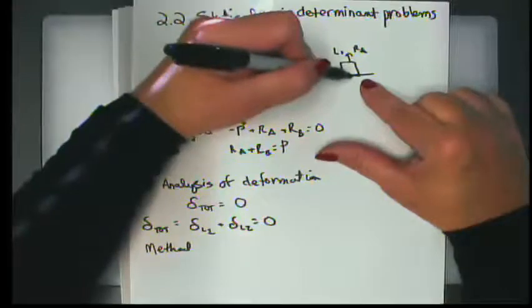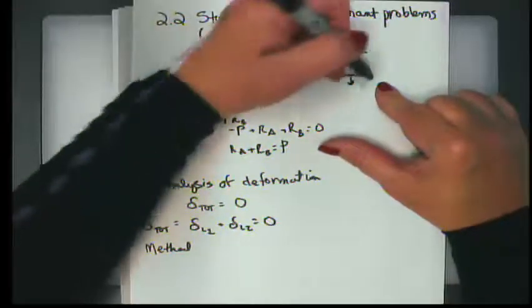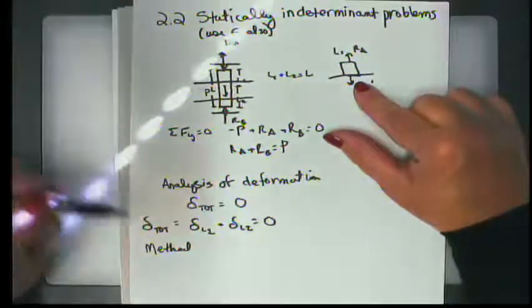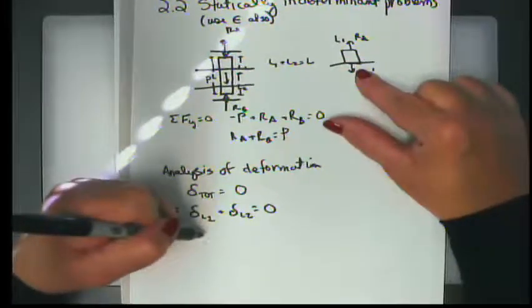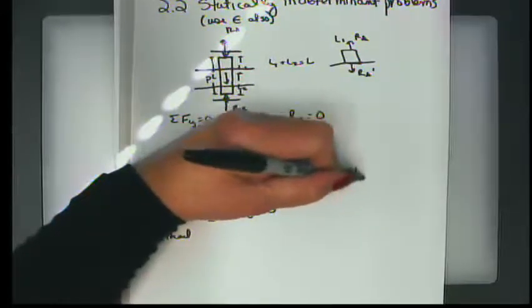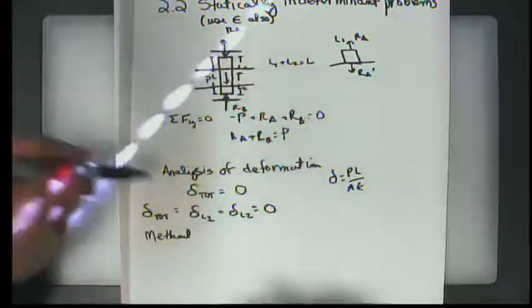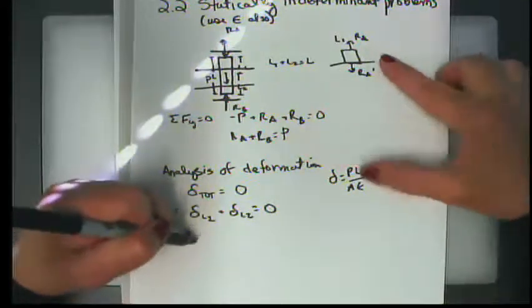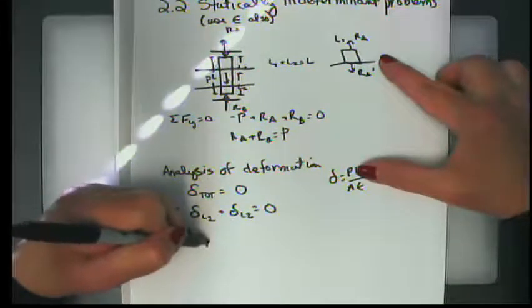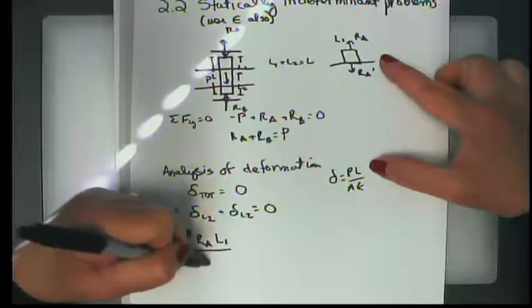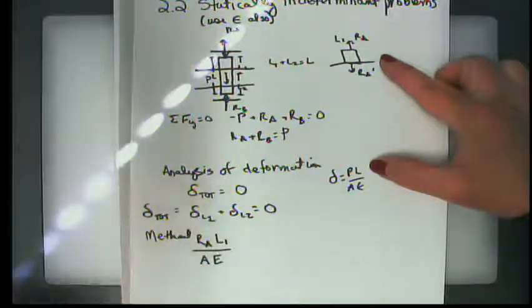I know that I'm going to have some reactive force here, which is also going to be RA prime, and that I have this drawn in tension. So I know that in general, delta is equal to PL over AE. So here in L1, my P force is RA, my length is L1, and the cross-sectional area and the modulus of elasticity are just whatever they are.